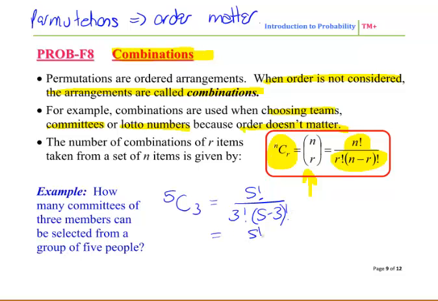So 5 factorial over 3 factorial, 2 factorial. Using our calculator, we get 10. So there's 10 possible committees.